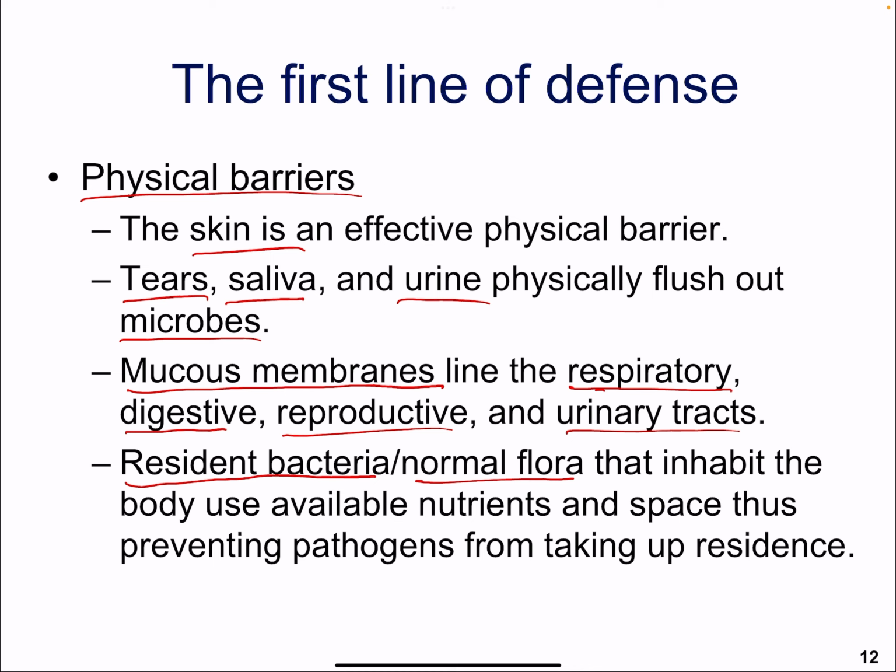And also, the resident bacteria are going to make sure that the newcomers don't get access to food and that they don't get established, which means that some resident bacteria can produce some chemicals that are going to be deterrent for newcomers to come and establish.